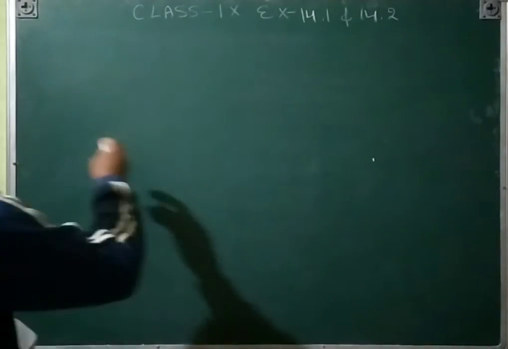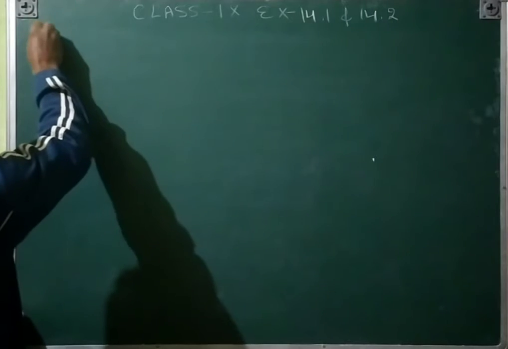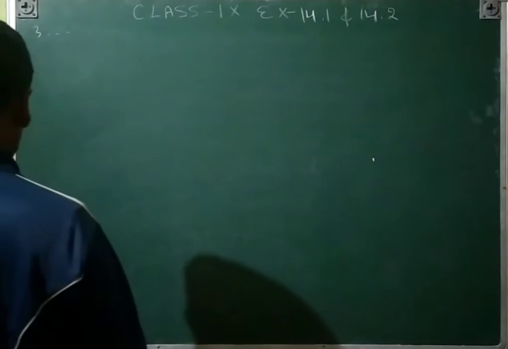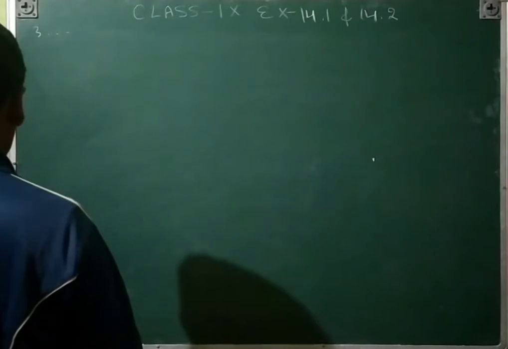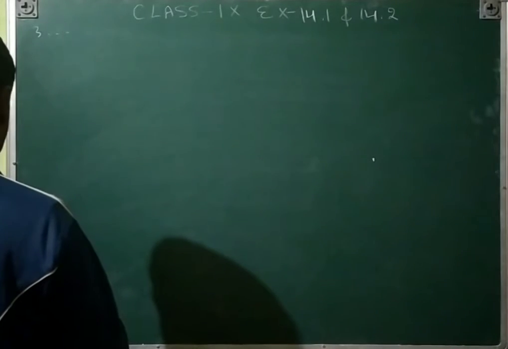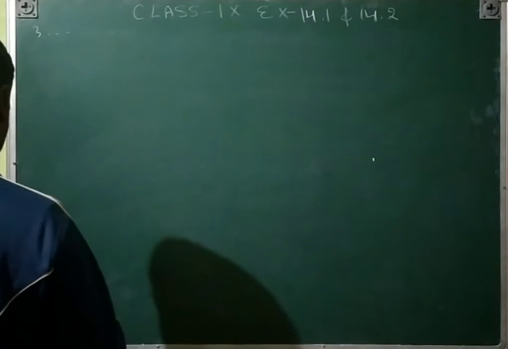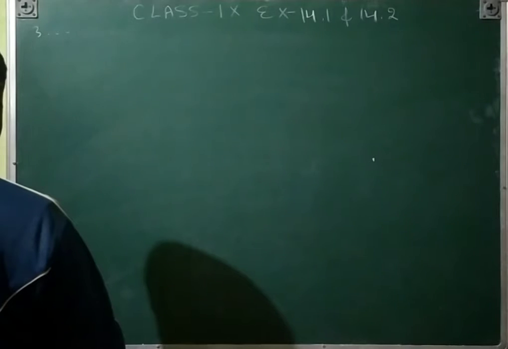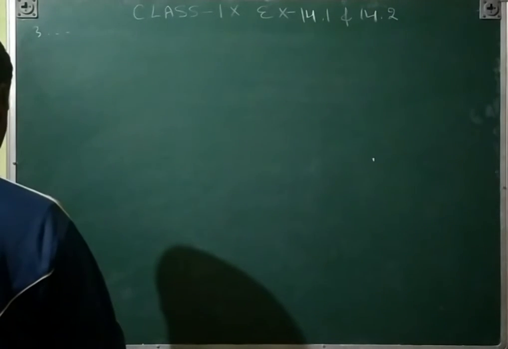Question number 3: the relative humidity in percent of a certain city for a month of 30 days was as follows. Construct a grouped frequency distribution table with class size 2, starting from 84, 86, 88.